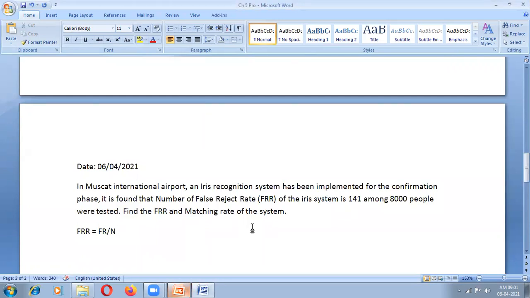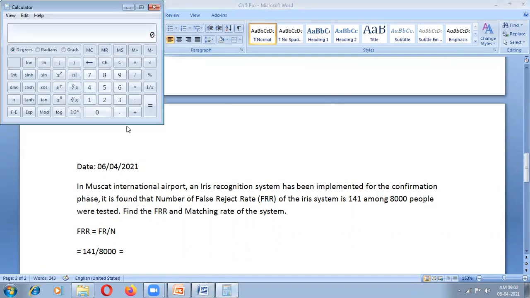N is the total number. So FRR equivalent to FR divided by n. FR equivalent to 141, and n is 8,000.